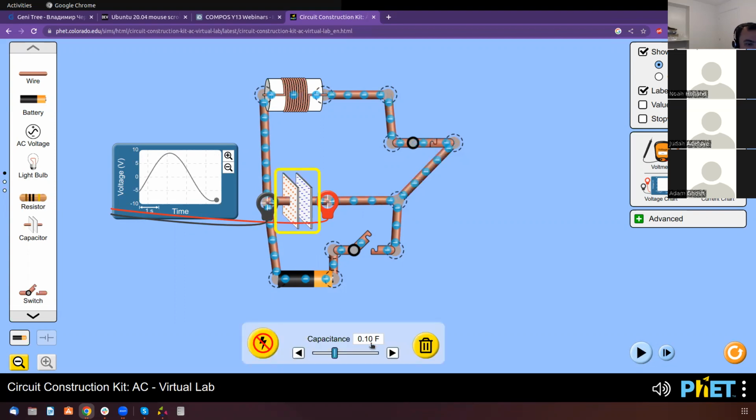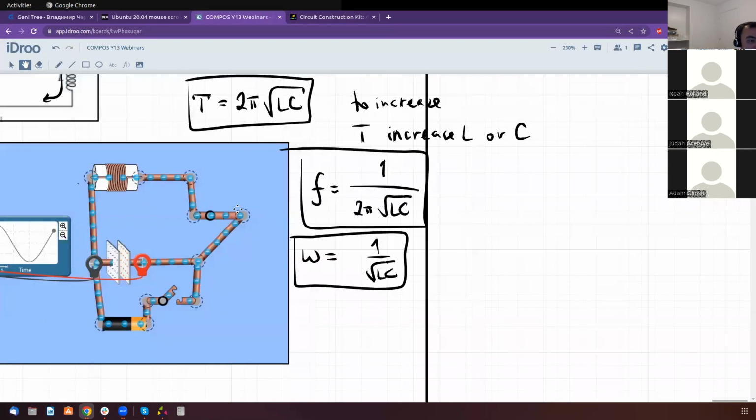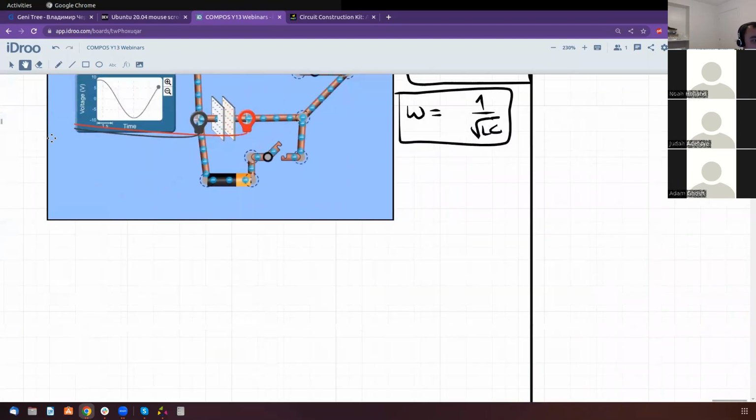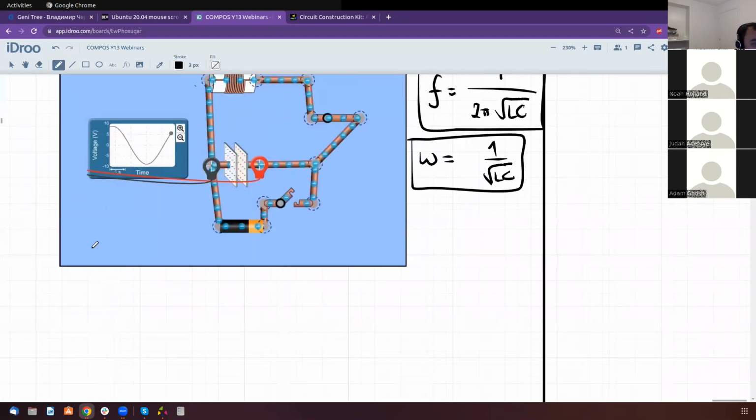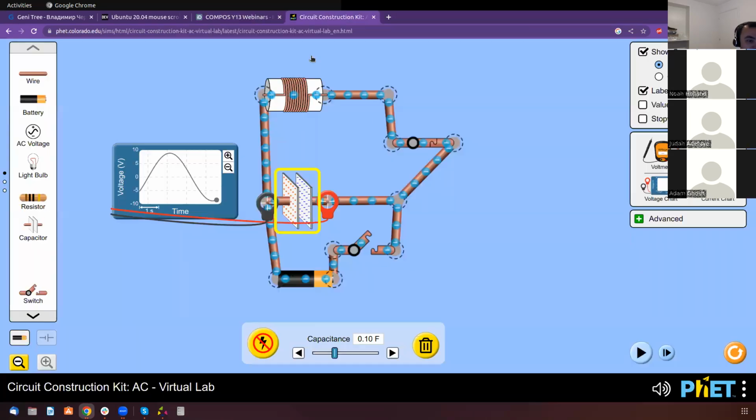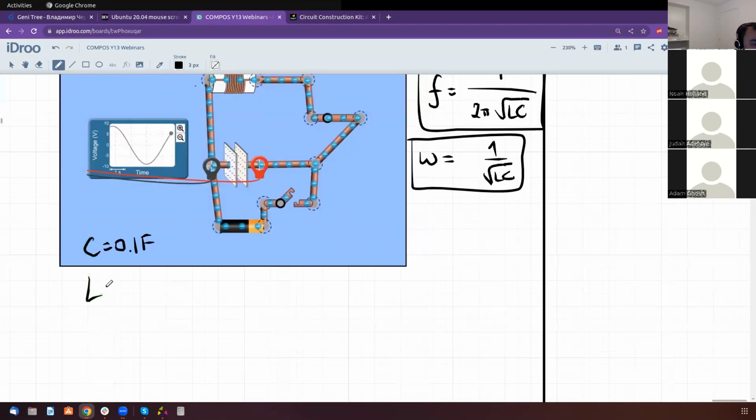We have the capacitance is 0.1 farads. That's a huge capacitance. The inductance is 5 Henry. And the time period must be 2 pi square root LC.